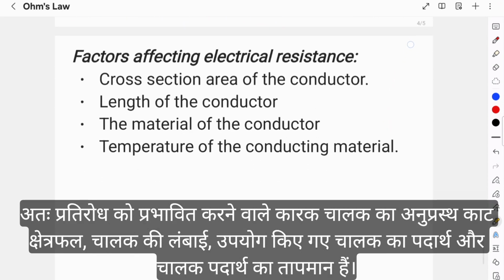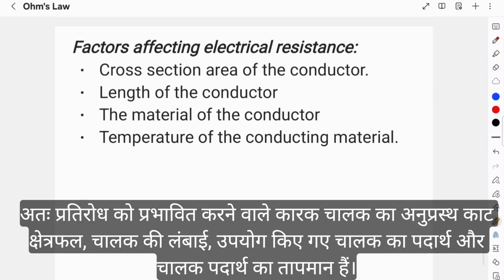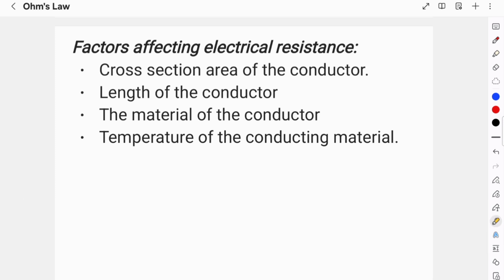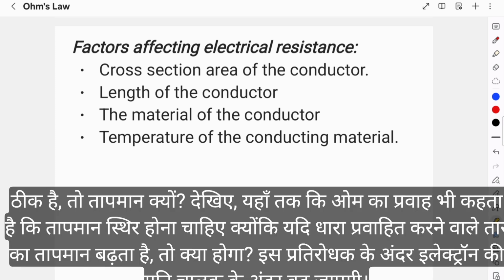So the factors which affect the resistance are the cross-section area of the conductor, the length of the conductor, the material of the conductor used, and the temperature of the conducting material. Okay. So why temperature? Even Ohm's law says that temperature has to be constant. Because if the temperature of the wire which is carrying the current increases, what will happen?